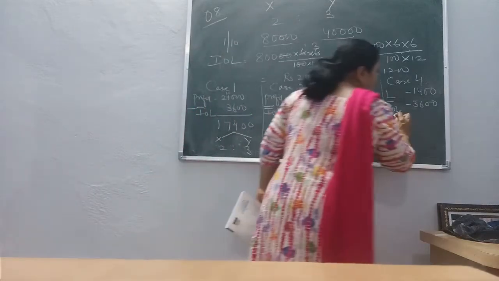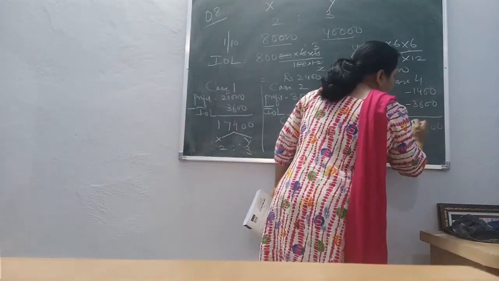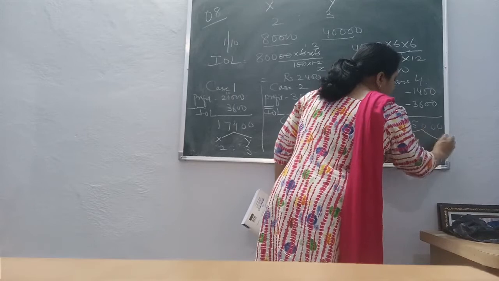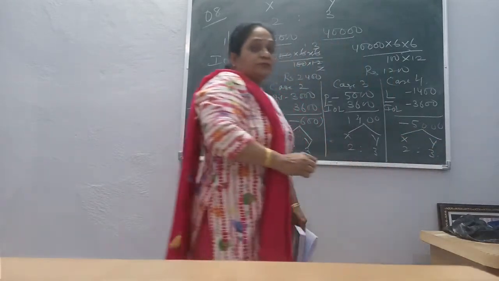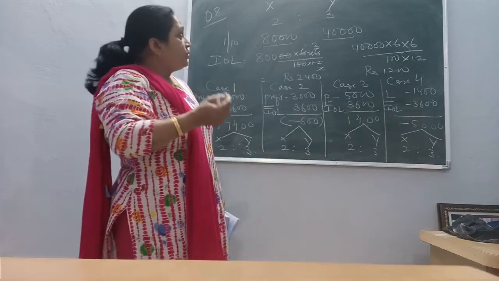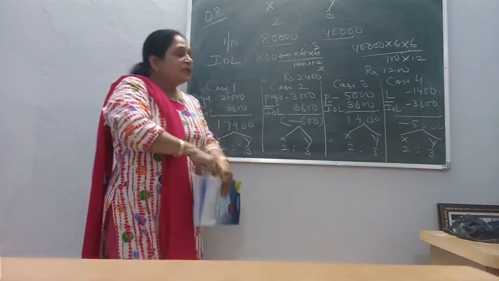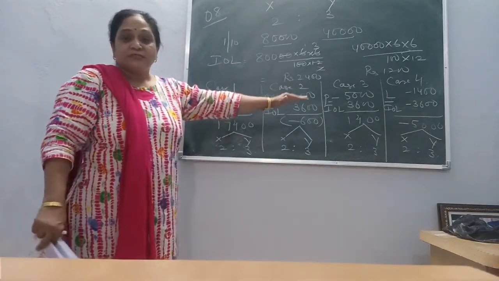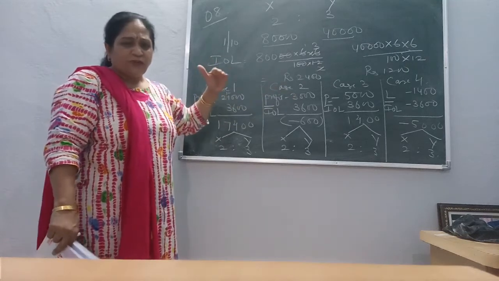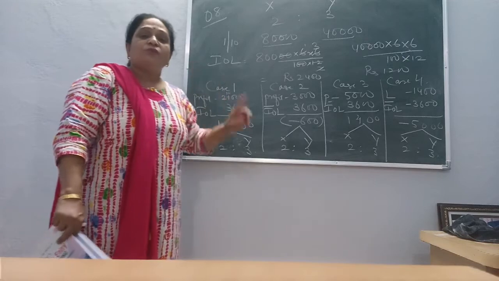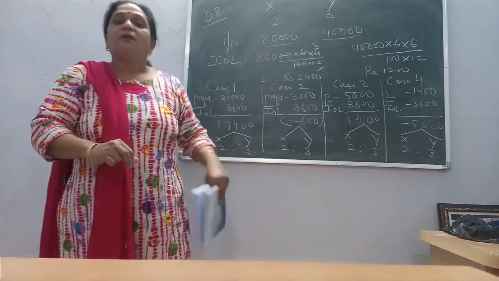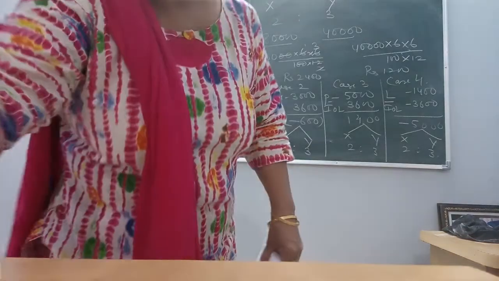So the total loss, that is 5,000 minus, will be divided among X and Y in 2:3. As I told you, we'll be doing only 2 cases, but I have solved all the 4 cases in front of you, but very roughly. So you have to complete this question systematically, and if you have any doubts, you can ask me on my personal number.